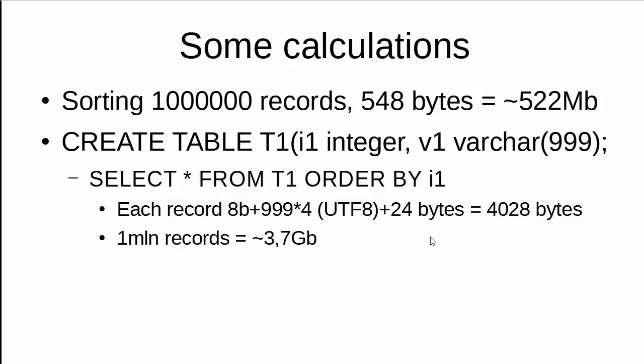However, if we imagine that we have a table with varchar equal to 1000 and integer, and we try to perform this sort, like in this example, select all from T1 order by I1, roughly it will mean that each record will be like 4 kilobytes. So 1 million records in this example will easily become 3.7 gigabytes.